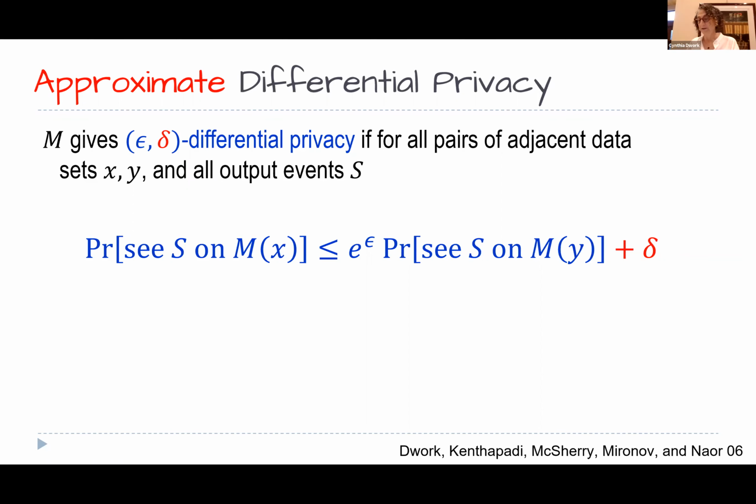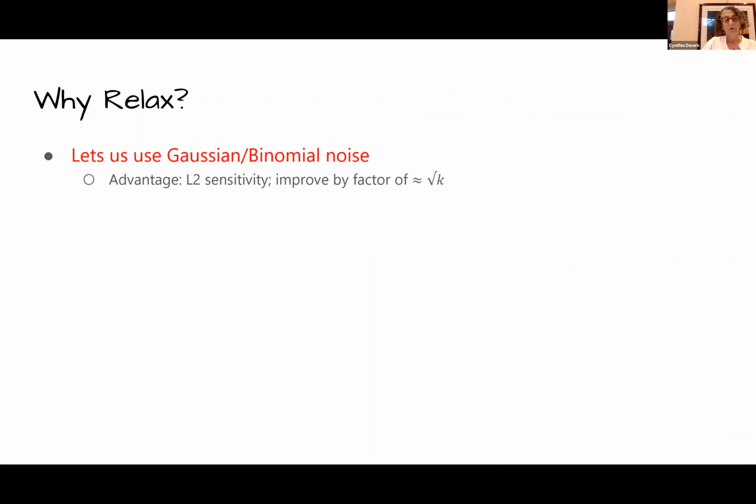That relaxation turned out to be very useful. Why? Well, one thing is it actually lets us use Gaussian and binomial noise.